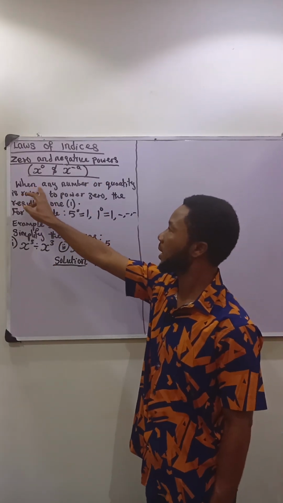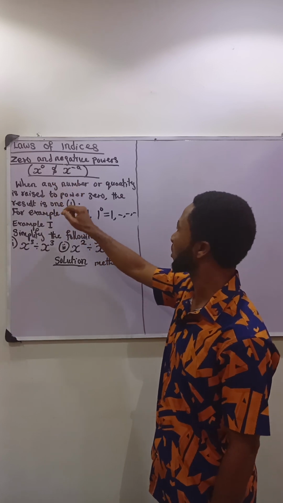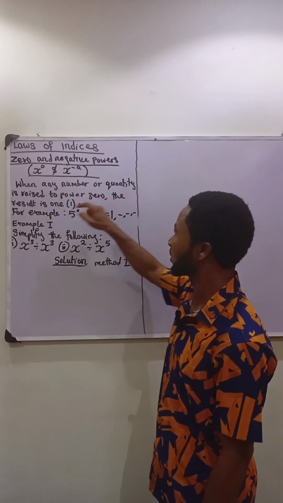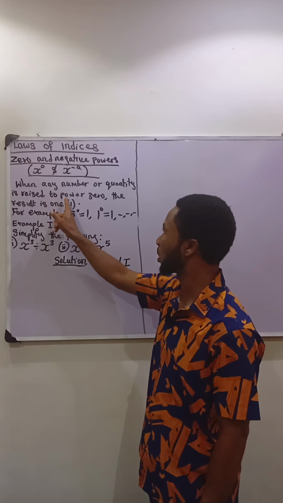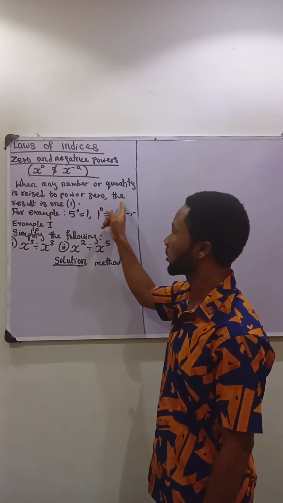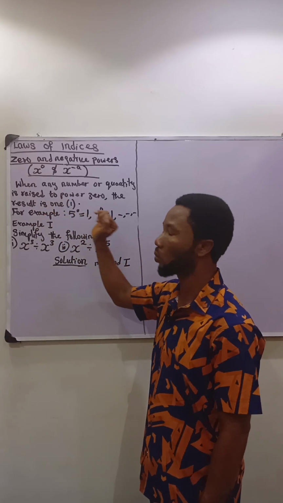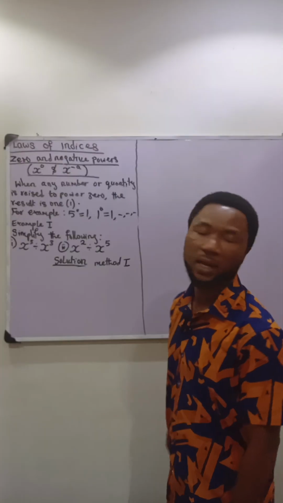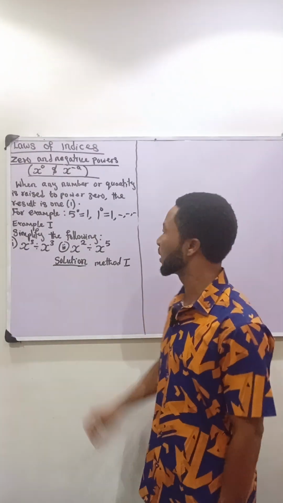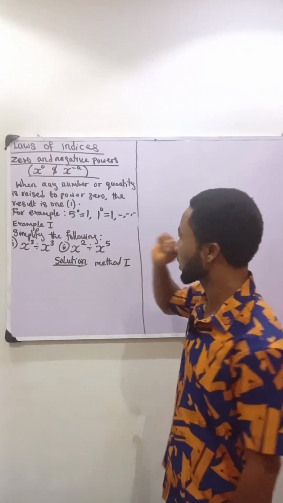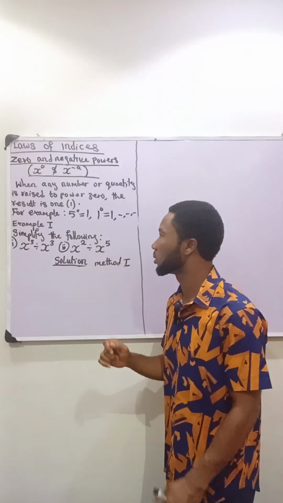We said here, when any number or quantity is raised to the power zero, the result is 1. When any number at all, anything, is raised to the power 0, the answer is 1.